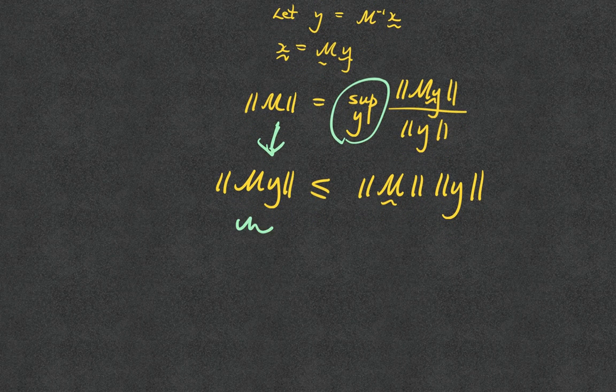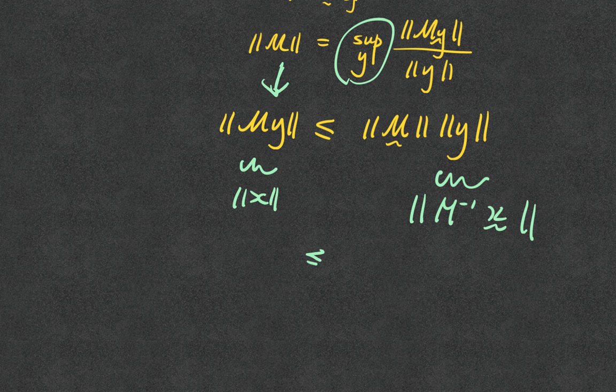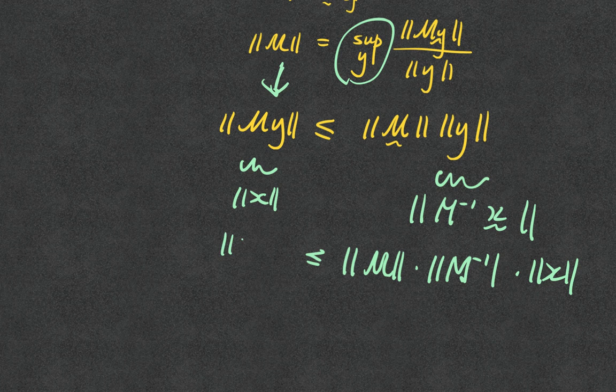Now this one is simply X. This one I put back as M inverse X. So I will have M times M inverse X on this side, and on this side I will have X.